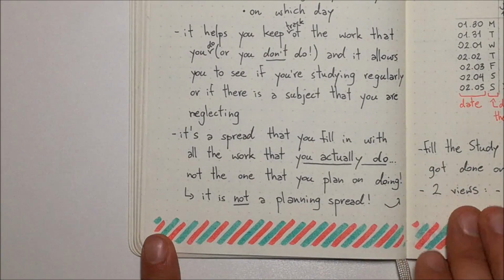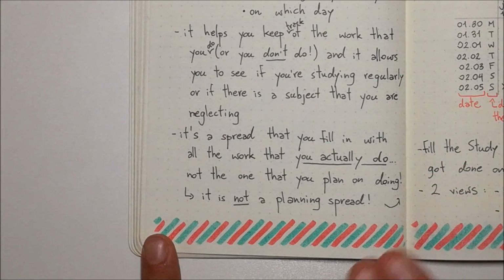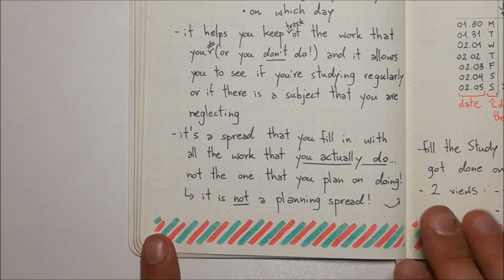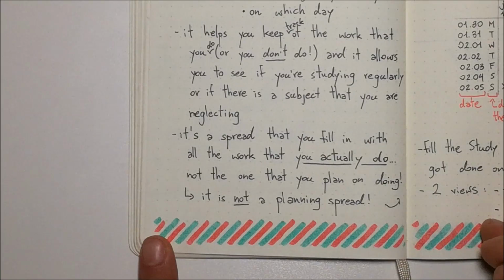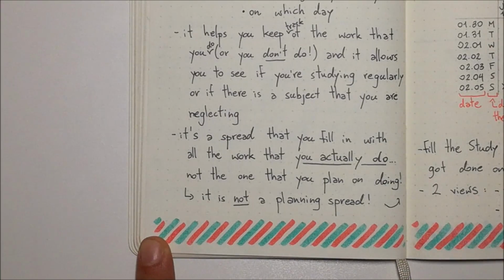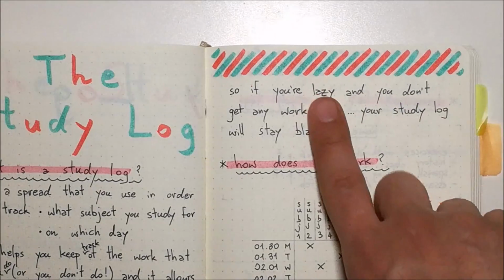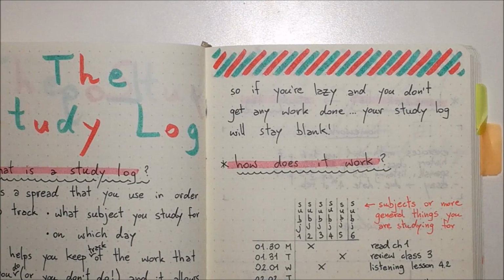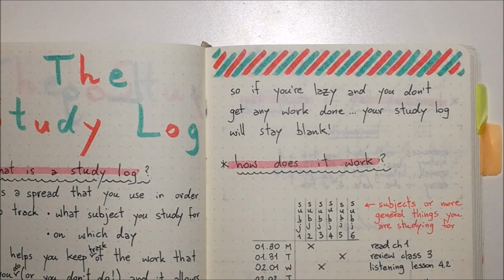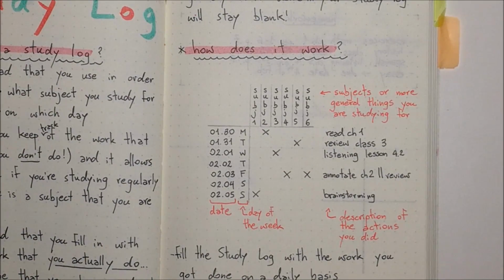It's a spread that you fill in with the work that you did, not the one that you planned for, and it is a spread that helps you see what you actually did and it helps you realize whether you worked or not on that subject. So that's why if you're extremely lazy and you end up not getting any work done, well, your study log will stay blank. Let's have a look at our very first study log.